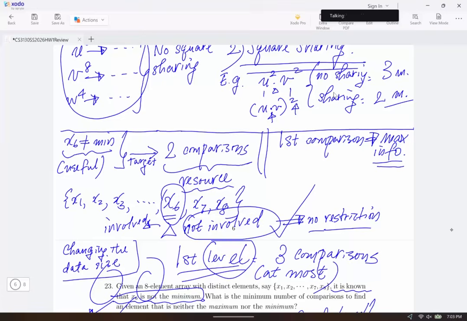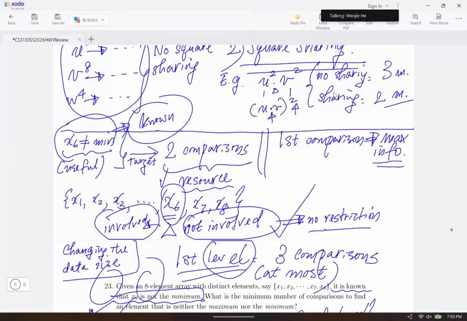Then let's look at the involved case. You select x6. Because x6 contains some known information, x6 not equal to minimum, you pick a partially known element.